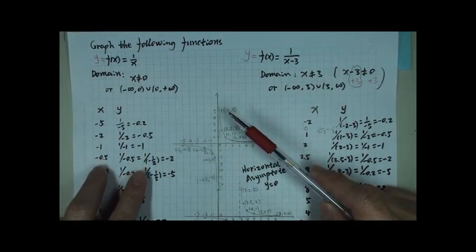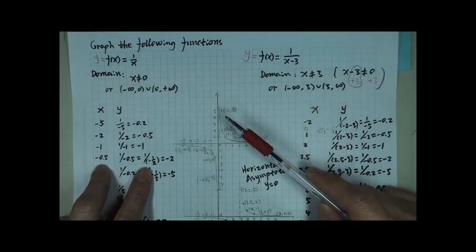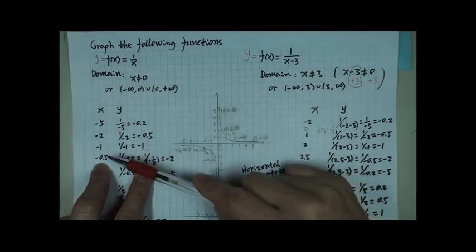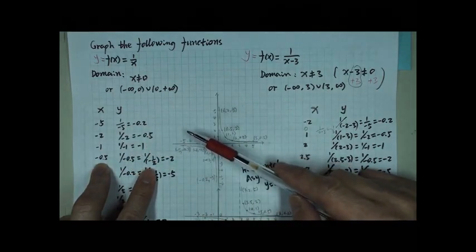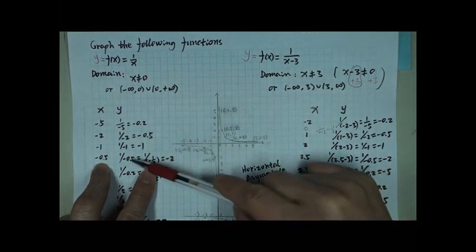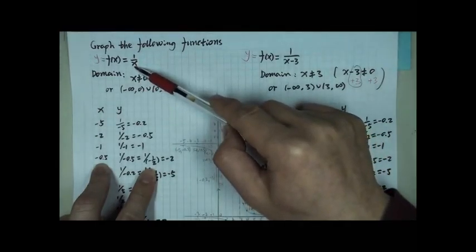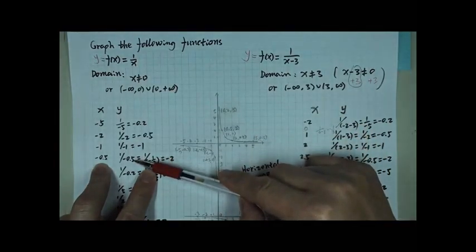Now for x equals negative 0.5, you plug in 1 divided by negative 0.5.